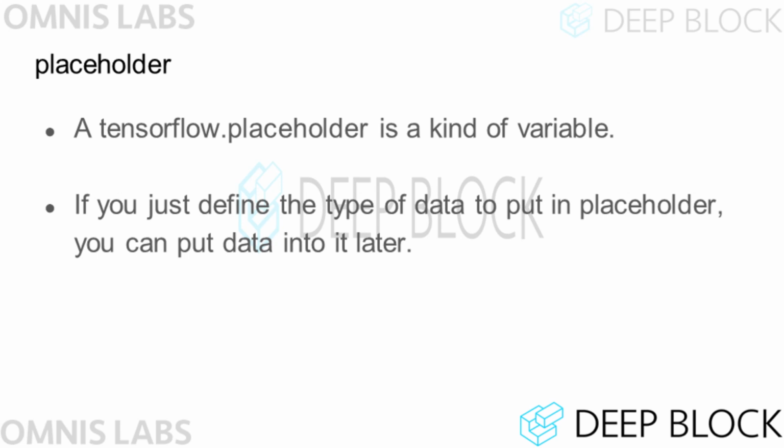If you decide what type of data to enter in the placeholder, you can store the data in this variable later and use it as tensor type data. In this code, it is defined that data of type tensorflow.float32 comes in the placeholder. Please note that the data type used in TensorFlow is different from the primitive data type of Python.